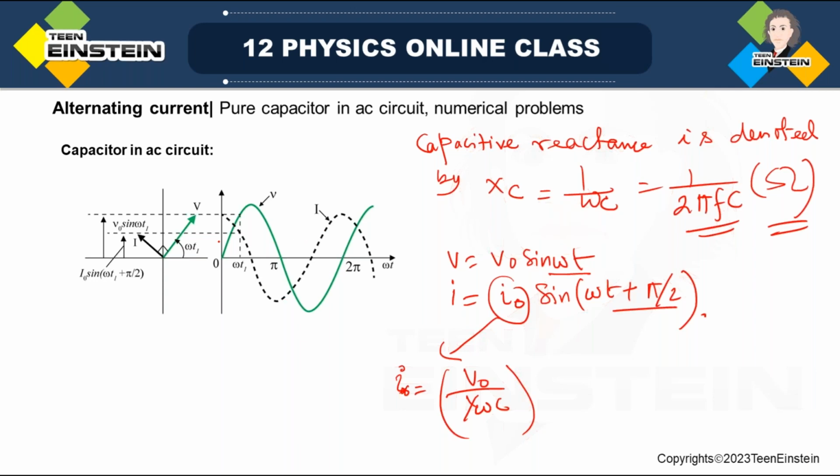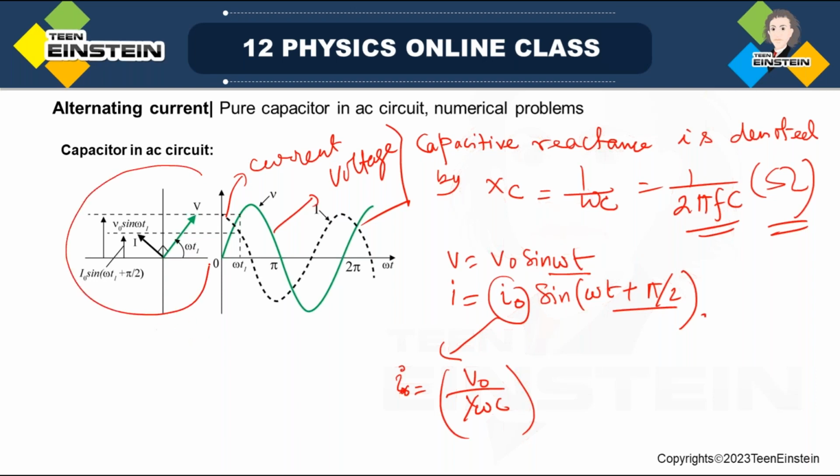See in this figure, this is actually the current. This is voltage. So current is actually ahead of voltage by pi by 2 radians. So see, this is the phasor diagram.